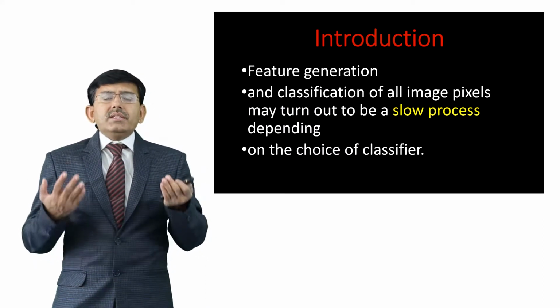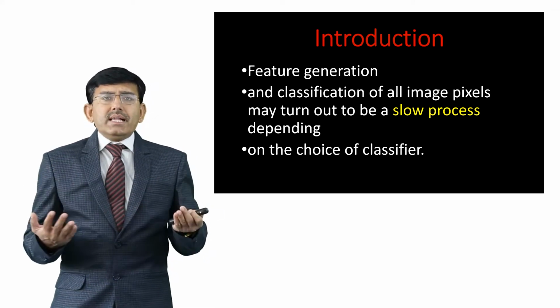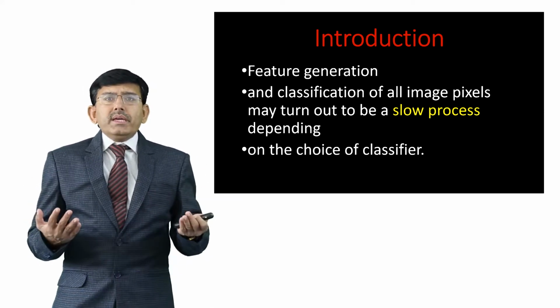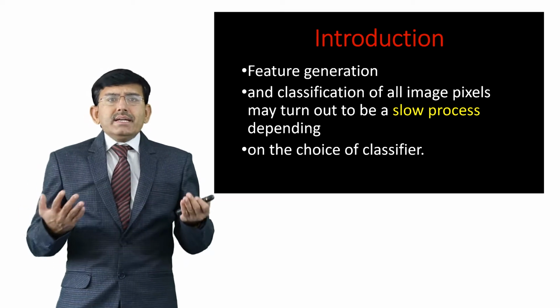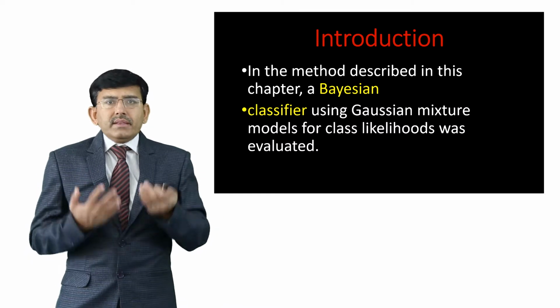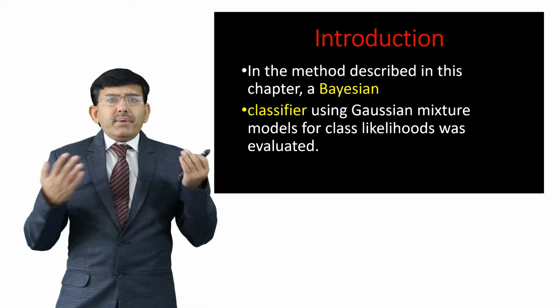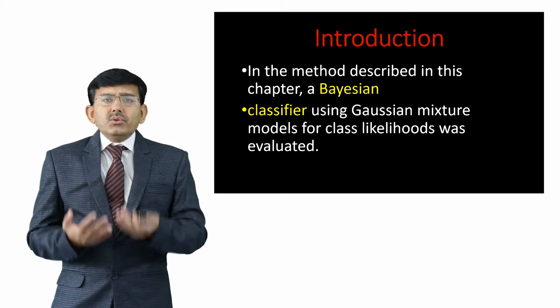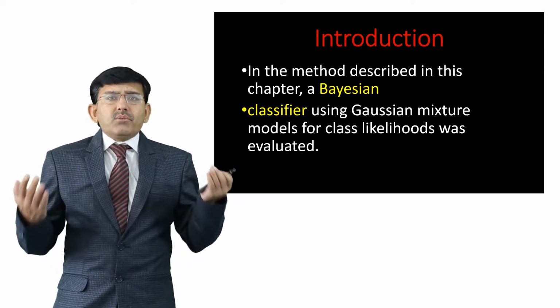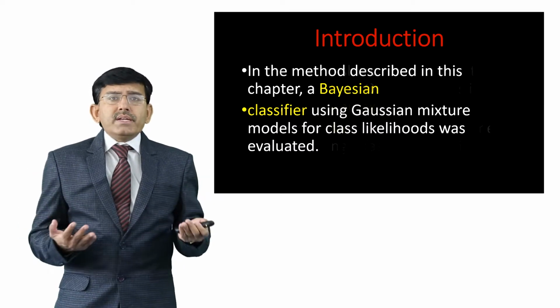Feature generation and classification of all image pixels may turn out to be a slow process depending on the choice of classifier. In the method described in this module, a Bayesian classifier using Gaussian mixture models for class likelihood was evaluated.